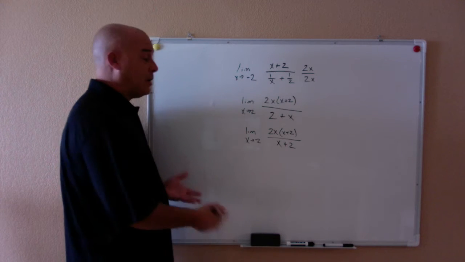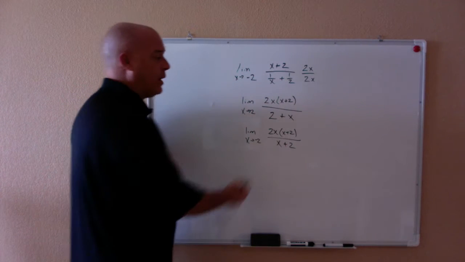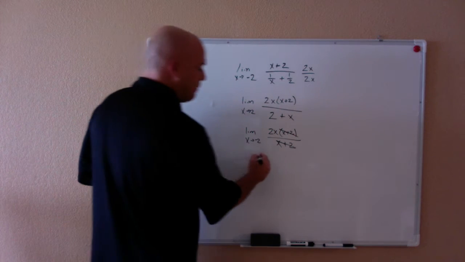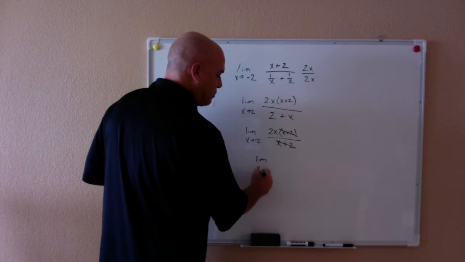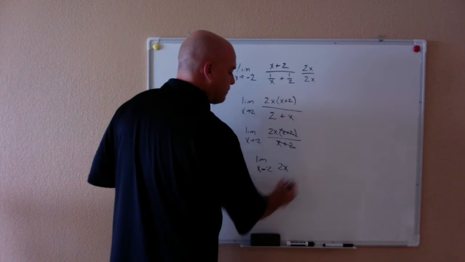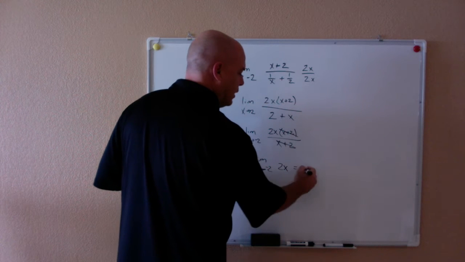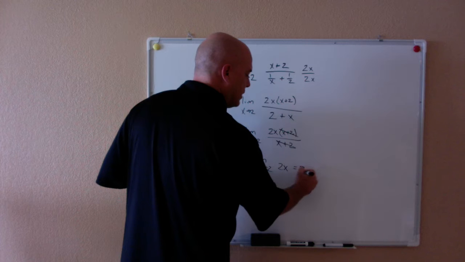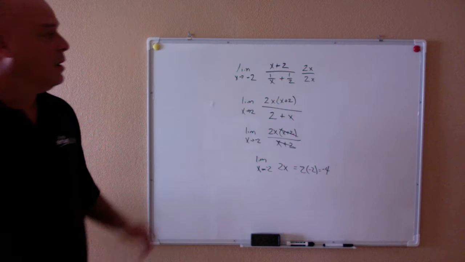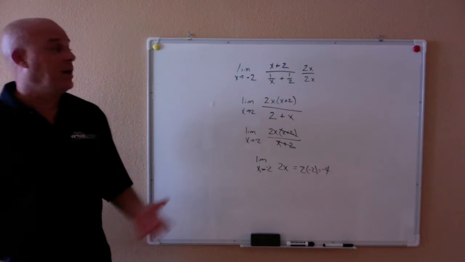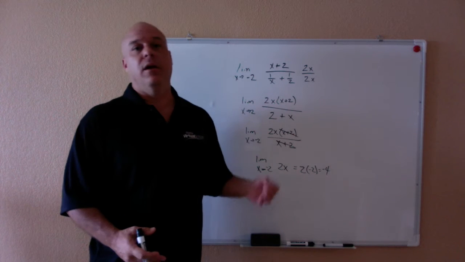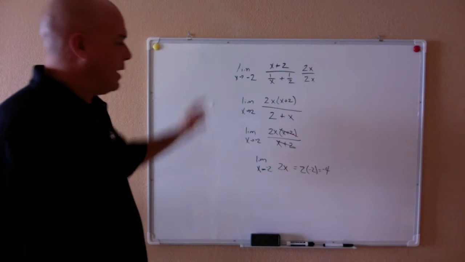And now, because I don't care what happens at -2, I only care what happens around -2, I can cancel out that entire factor down there, giving me the limit as x approaches -2 of 2x, and that's going to be equal to, when I plug in -2, 2 times -2, which is -4, and there's the value of my limit. So again, just doing some algebraic manipulation on the problem, trying to figure out a way to eliminate the point that was something of concern to me. So that's how I handled this one.